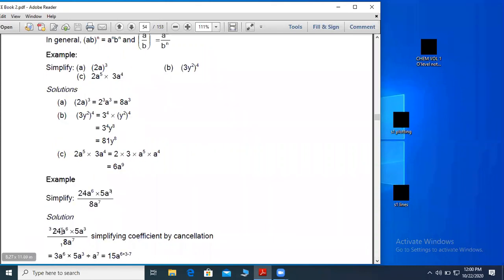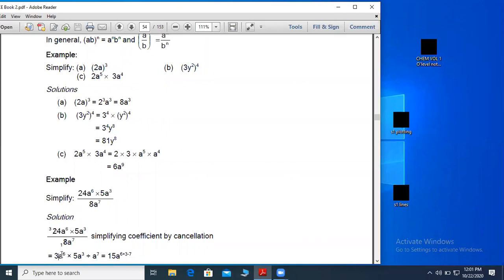So we divide, and by 8, this is 1, by 8, this is 3. There is no digit in the denominator. So it remains as 3, 8 power 6 times 5, 8 power 3, then divided by 8 power 7. So 3 times 5, the answer is 15.